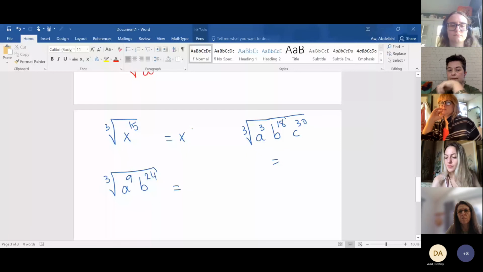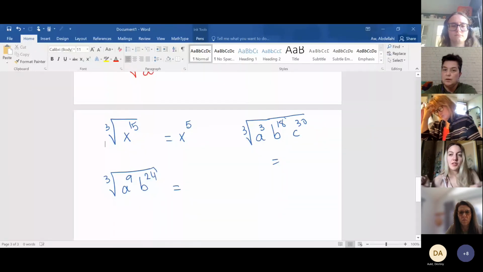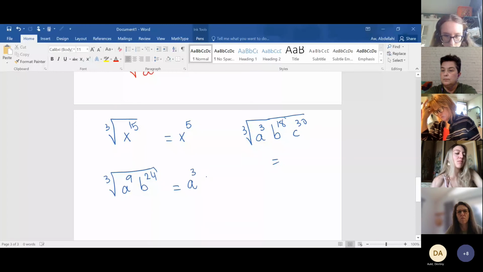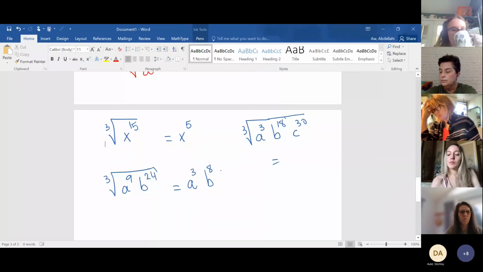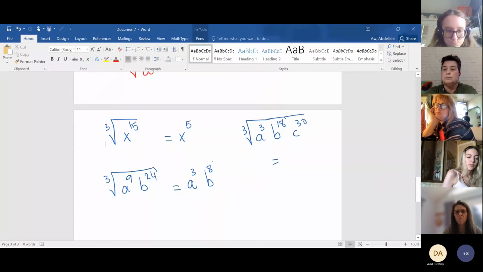The second one, what's going to be the answer? A to the 3rd, and then B to the 8th power. And everybody in this room knows where the 3 comes from and where the 8 comes from? All of us know? Okay.